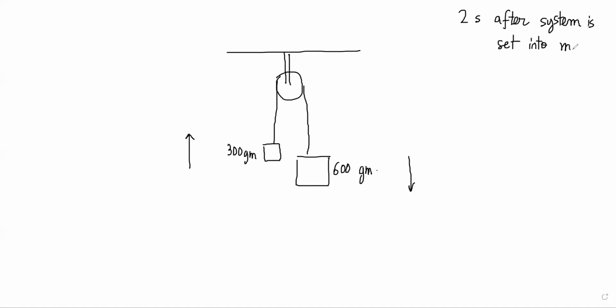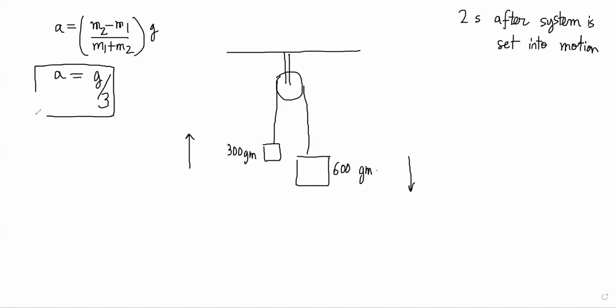It is easy in this problem to find the acceleration of the whole masses. You can say it is (m2 minus m1) by (m1 plus m2) into g. So the acceleration will come out to be 300 by 900, so g by 3. This is going down with g by 3 and this is going up with g by 3.